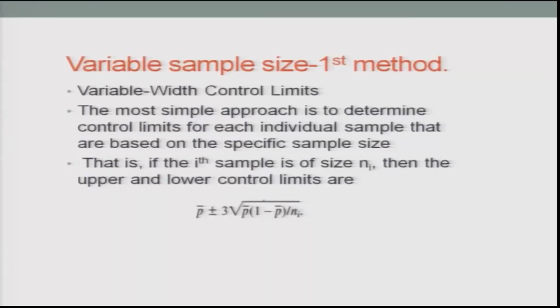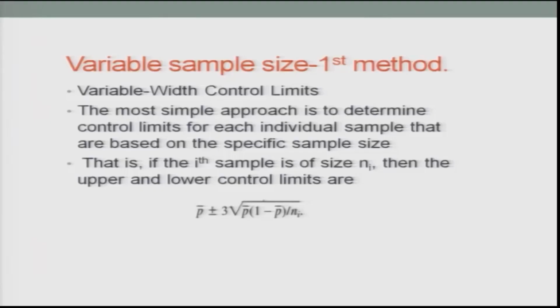So, continuing our discussion, variable sample size. Till now we have considered the sample size to be fixed at n, and the number of samples we took was m, as in mango or mongoose. Depending on that we found the average or the double average, X bar or R bar.